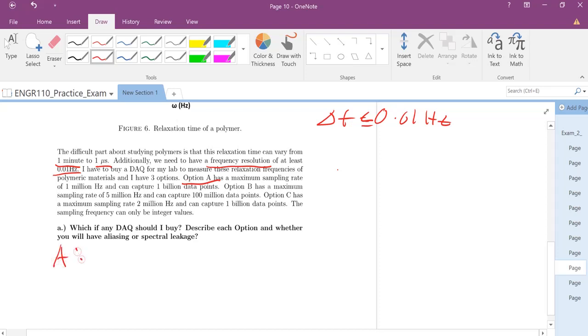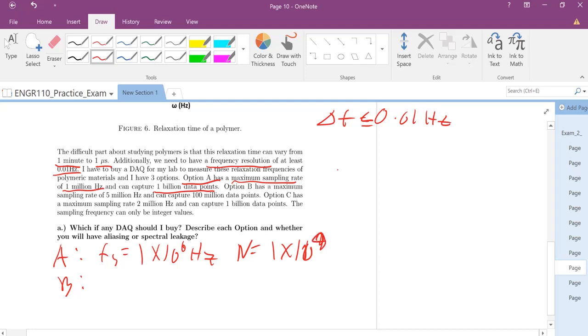So for A, my maximum sampling rate is 1 million hertz. So my Fs max can be 1 times 10 to the 6 hertz. That is our Fs, and we could capture 1 billion data points. So N equals 1 times 10 to the 9.